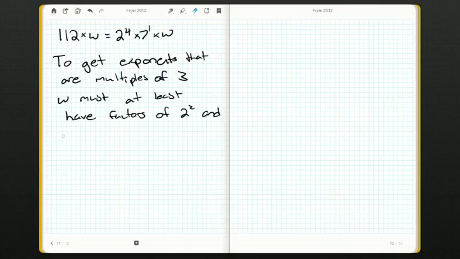Why? Well, 2 to the 4, that's not a multiple of 3 by itself, and we can't subtract anything. We can't go down to 2 to the 3, so we have to go to the next multiple, which is 2 to the 6.